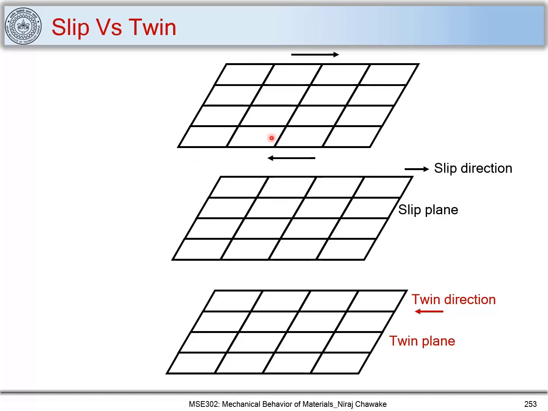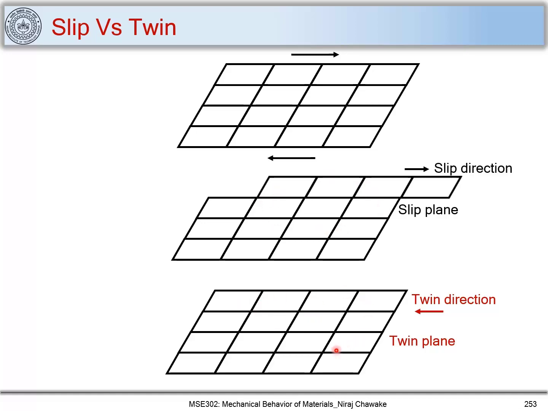So we have a crystal which is shown over here, and let's say we apply some shear stresses on it, and let's consider the case of slip first, and you know that it occurs on certain slip plane and slip direction. And let's say this crystal gets sheared, and you know that when it shears it forms a step on the surface and it retains the crystal structure too. Now what happens during twinning?